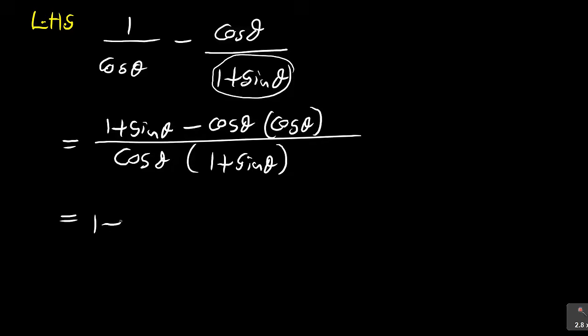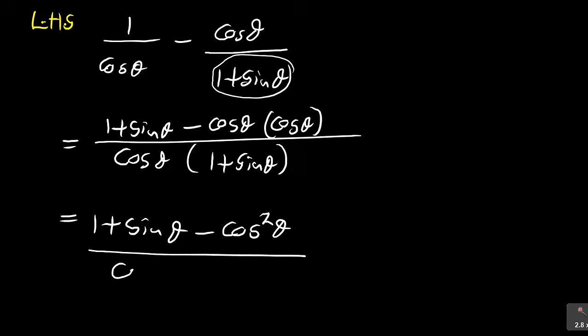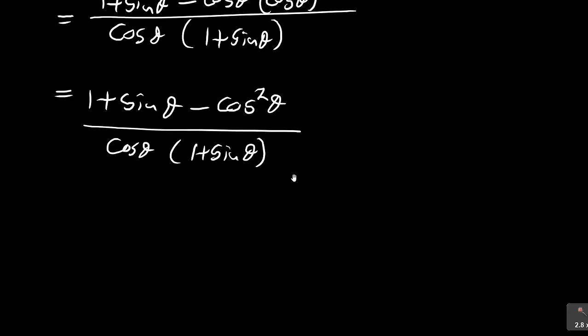So you've got 1 plus sine theta minus cos squared theta over cos theta 1 plus sine theta. There are many ways you could have approached it, I think, at this stage, but one thing you can do is to remember what is 1. You remember 1 is equal to cos squared theta plus sine squared theta.